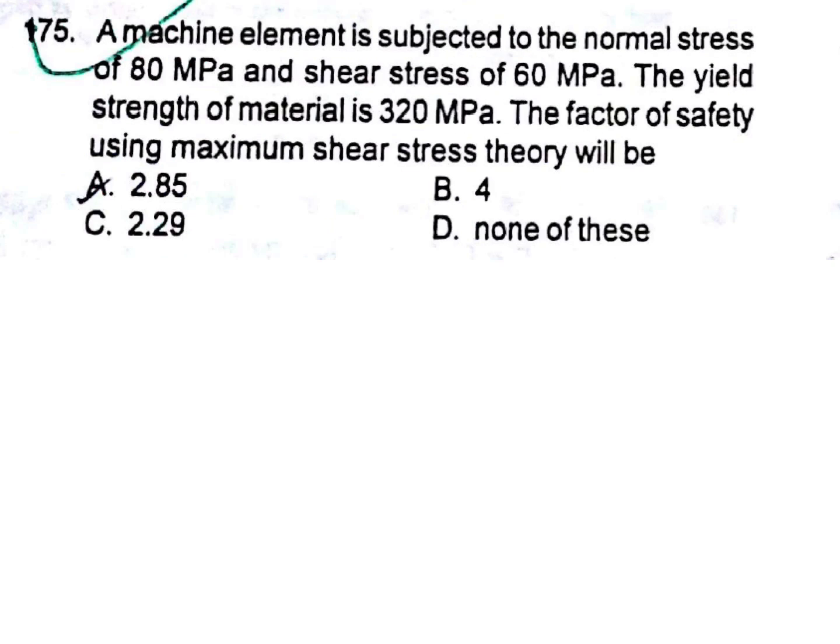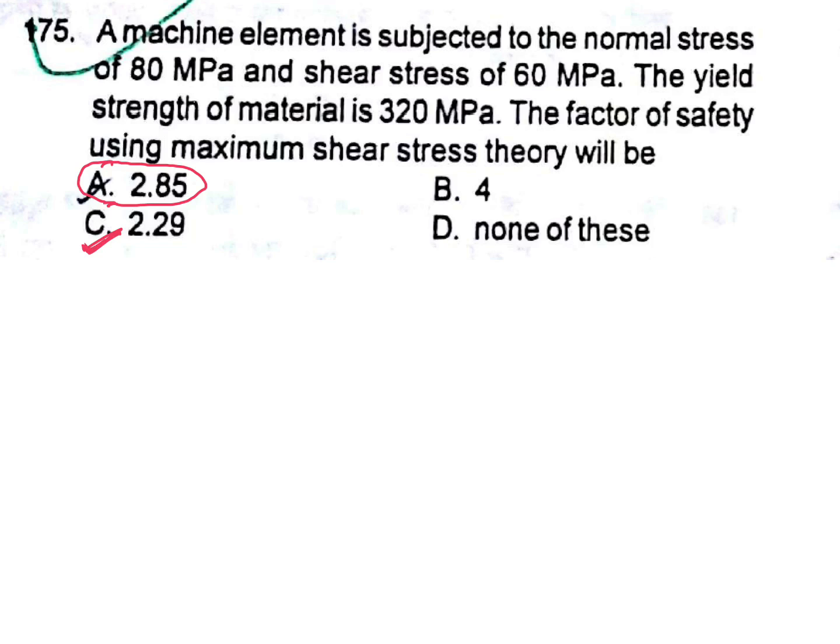The machine element is subjected to a normal stress of 80 MPa and shear stress of 60 MPa. The yield strength of material is 320 megapascal. The factor of safety using maximum shear stress theory will be how much? This type of question I already solved, so here I am not solving. Here the official answer is A, but I am getting C. You try this question.